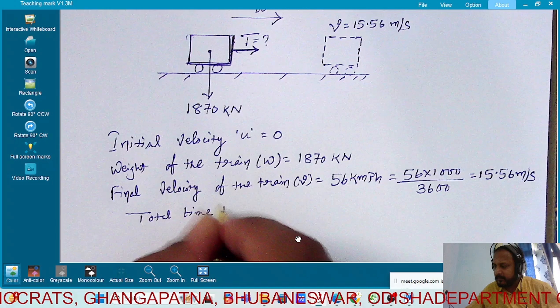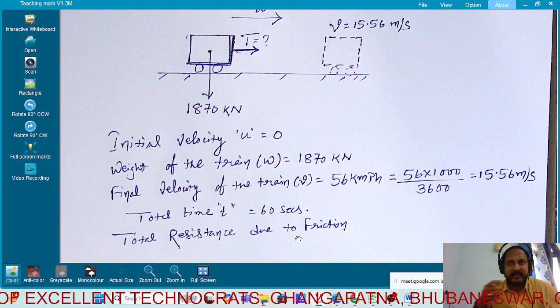Total resistance due to friction, or you can say the air resistance. It has already been given here as 0.005 times the weight of the train.